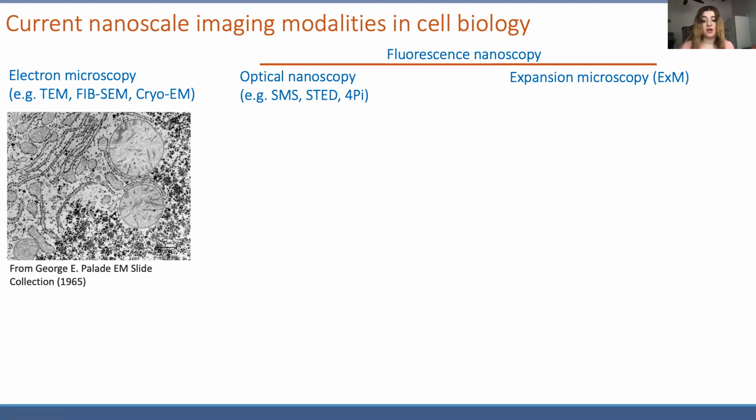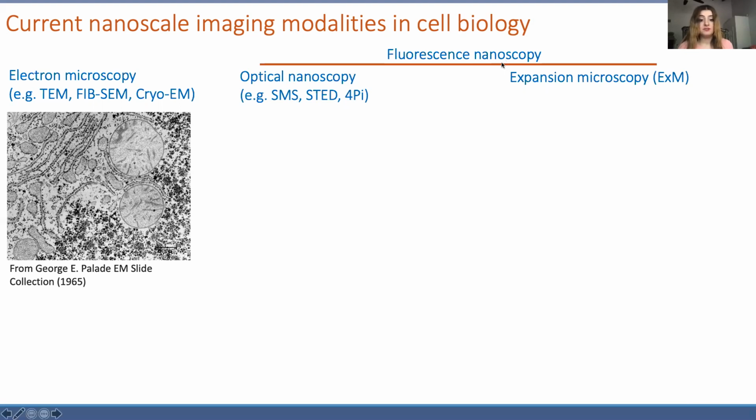Fluorescence nanoscopy, on the other hand, has high molecular specificity. And this is by virtue of the contrast agents that are used, the fluorescent dye. Fluorescent dyes have high quantum yields, and they come in many different spectra, so one can do multiplexing and look at many molecules at once.